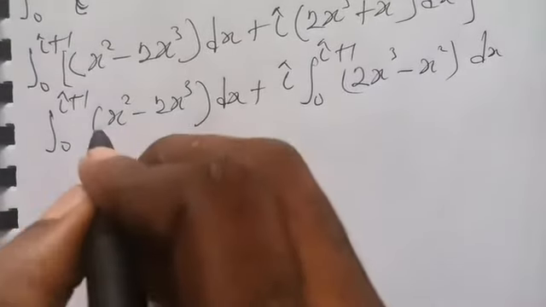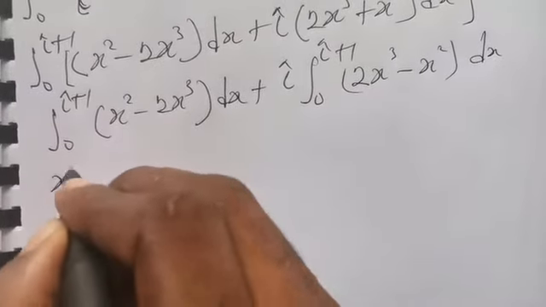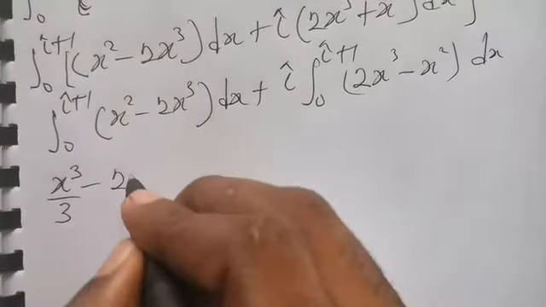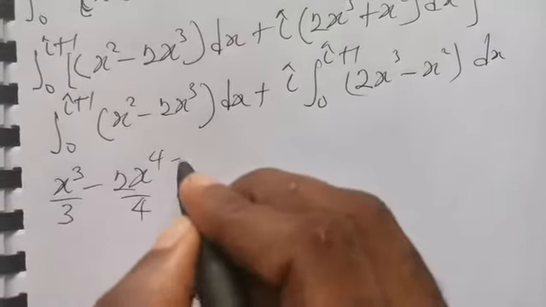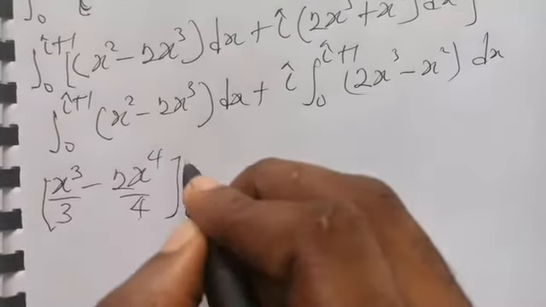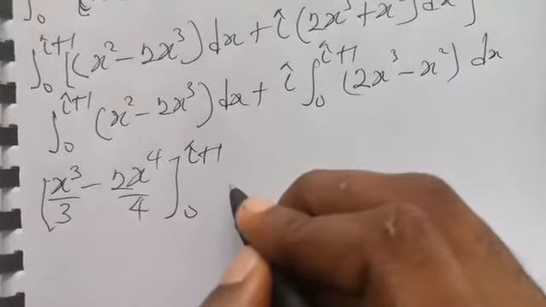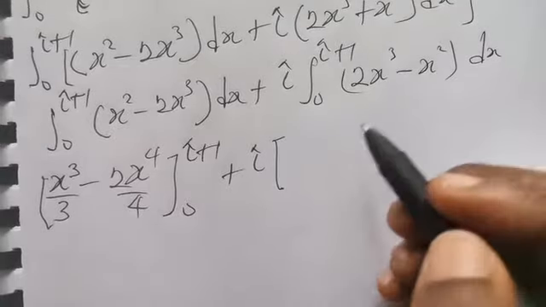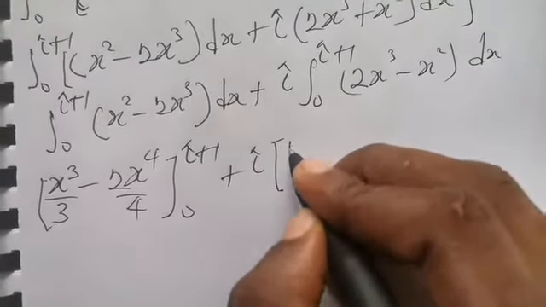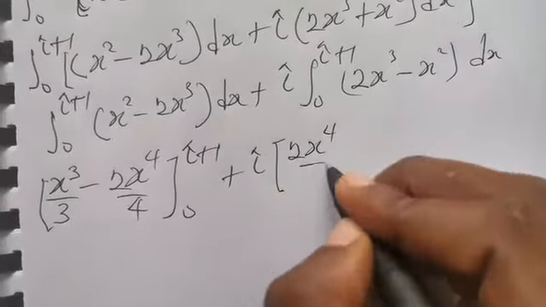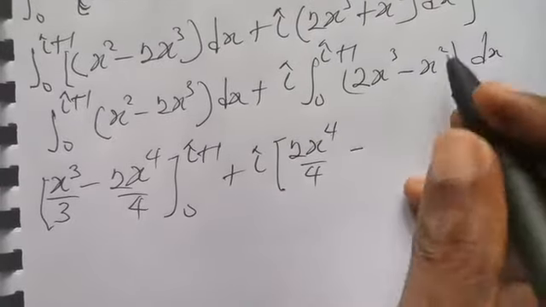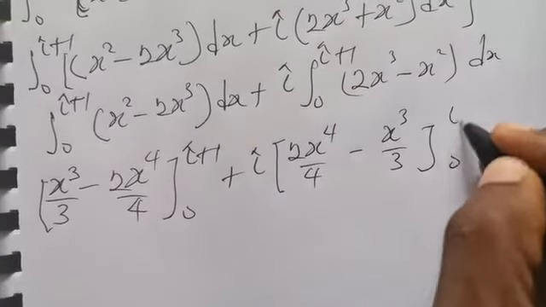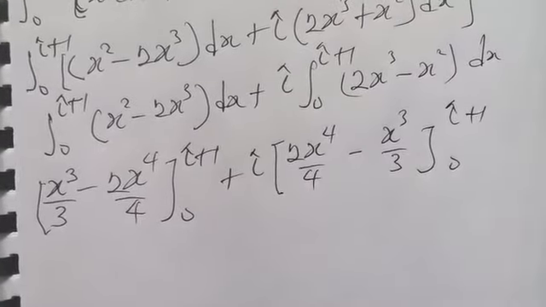If I integrate x squared, this gives me x cubed all over 3 minus, if I integrate 2x cubed, I'll have 2x to the power of 4 all over 4, from 0 to i plus 1, plus i into, if I integrate 2x cubed over here, this becomes 2x to the power of 4 all over 4 minus, if I integrate x squared, I have x cubed all over 3. The limit is from 0 to i plus 1.